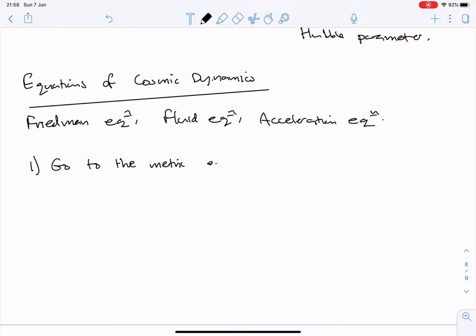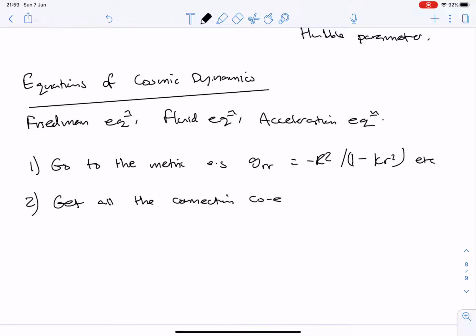So for example, you can say that g_rr is just equal to minus r squared over 1 minus kr squared, etc. Having got the metric, then you need all the connection coefficients. And this is a relatively straightforward metric, but it still has many non-zero connection coefficients. So you need to get all of those.